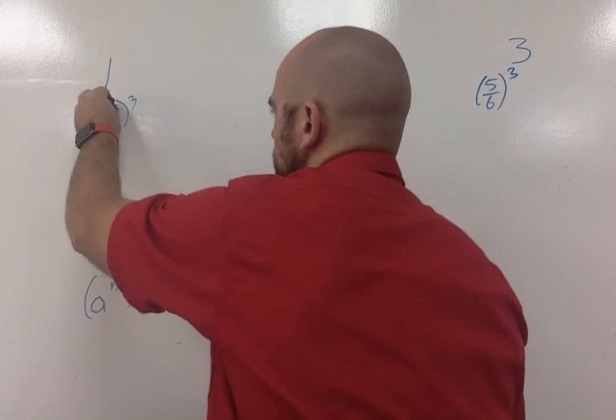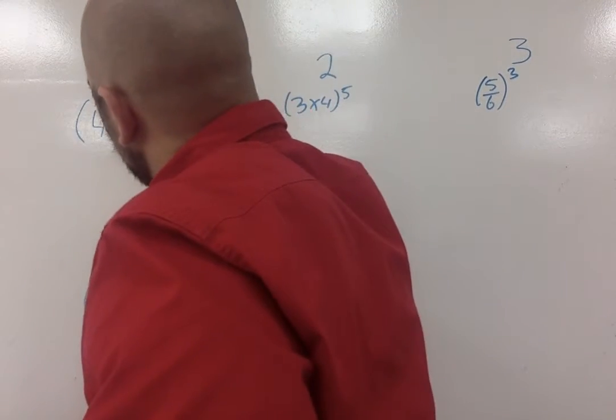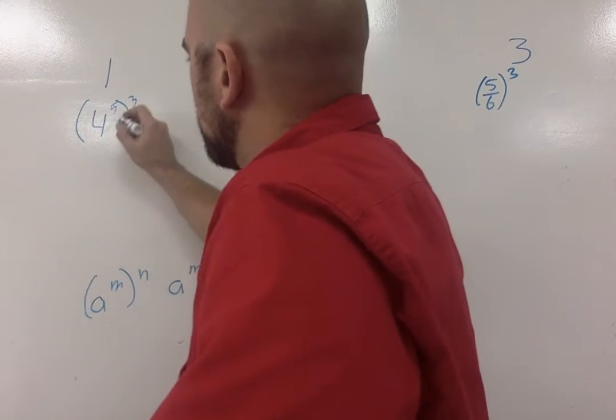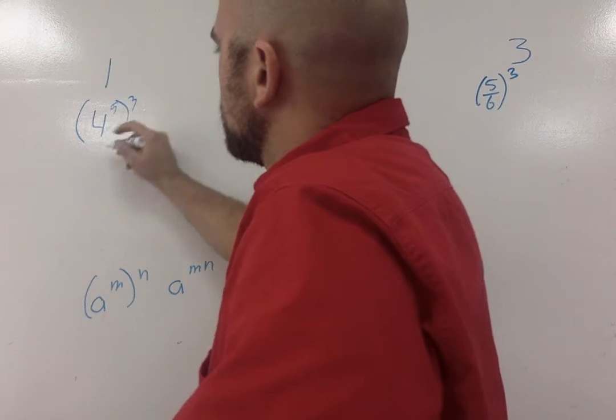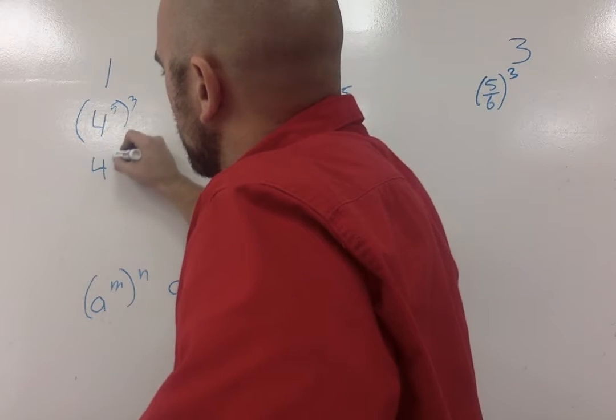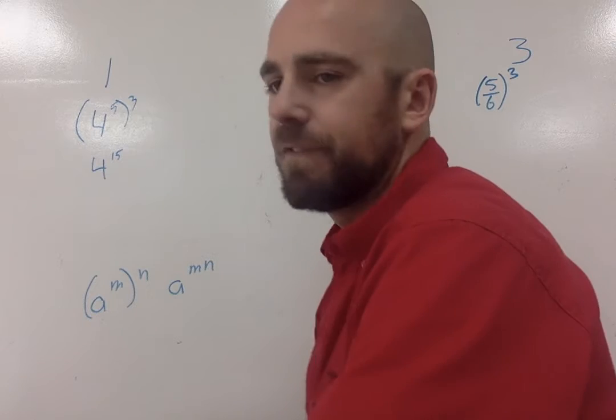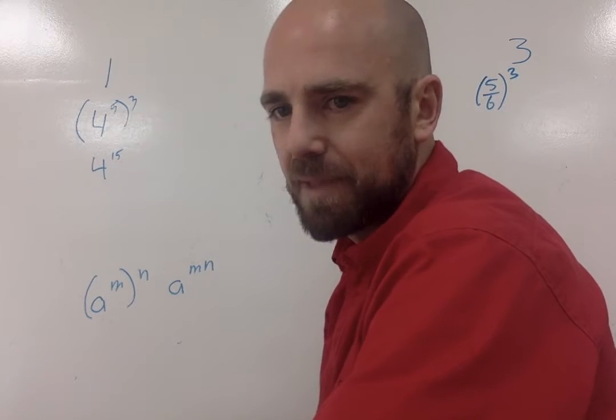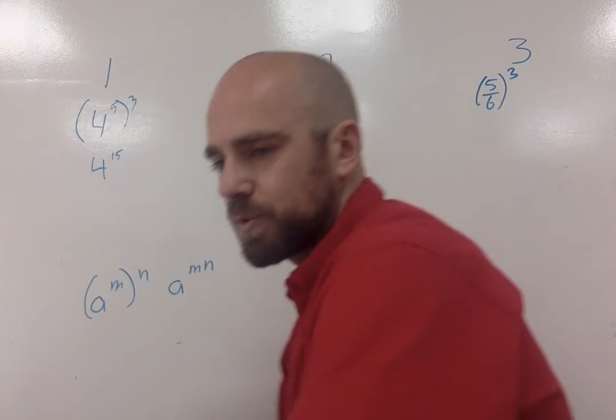We would end up saying 5 times 3 is 15, so 4 to the power of 15. So that's our first rule.